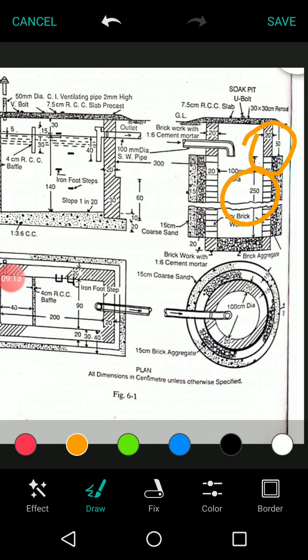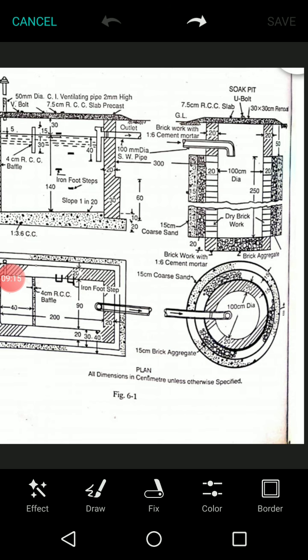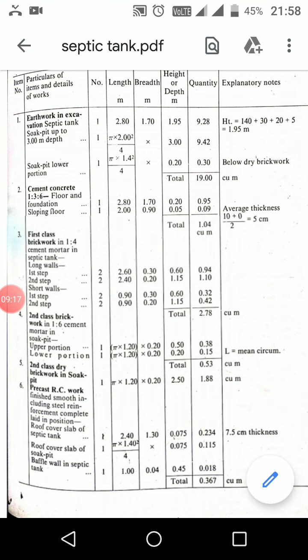So total it is 3 meters. While multiplying the area and height, you will get the quantity of excavation for the upper portion of the soak pit. It is 9.42 cubic meters.